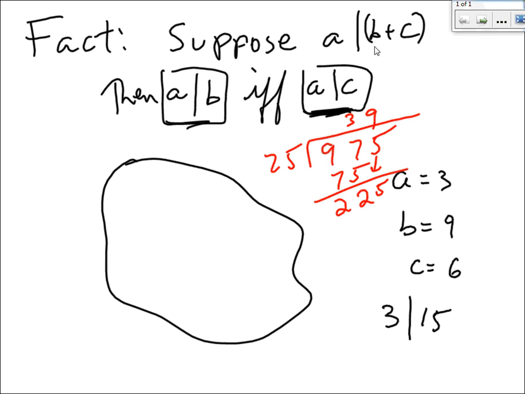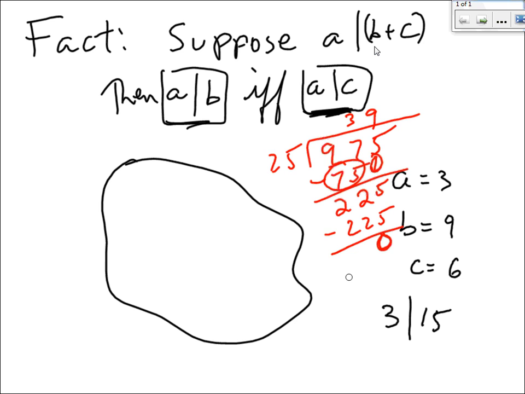Okay, so here you took away a number of 25s, 30 of them, because you really took away 750. And now 9 25s are 225. So you took away 9 more 25s from 975. And you're left with 0.